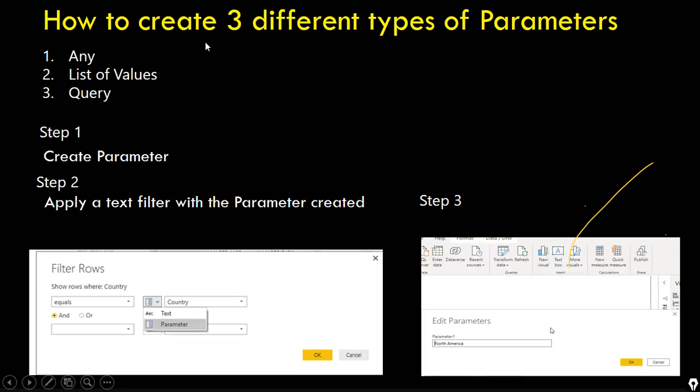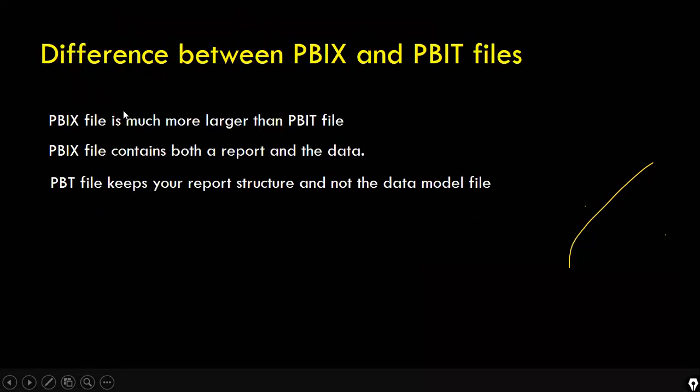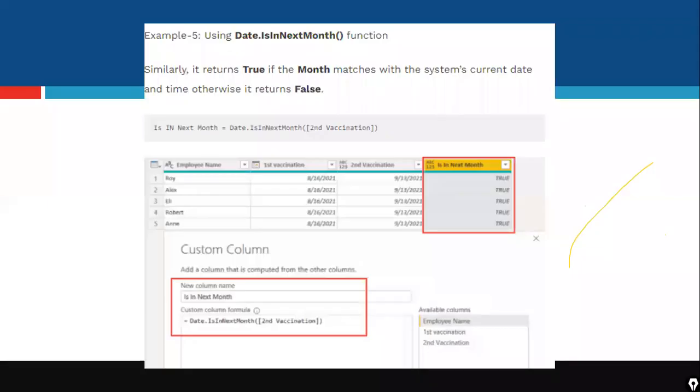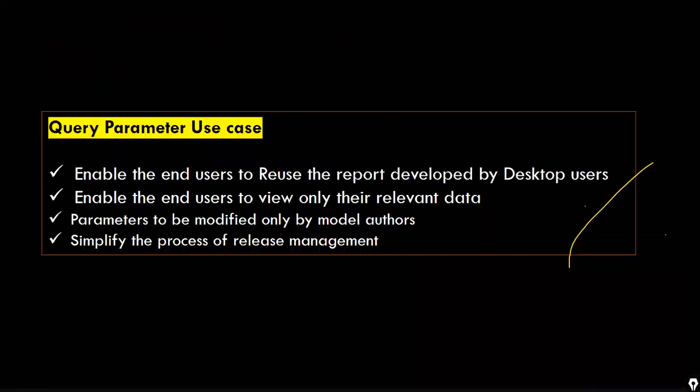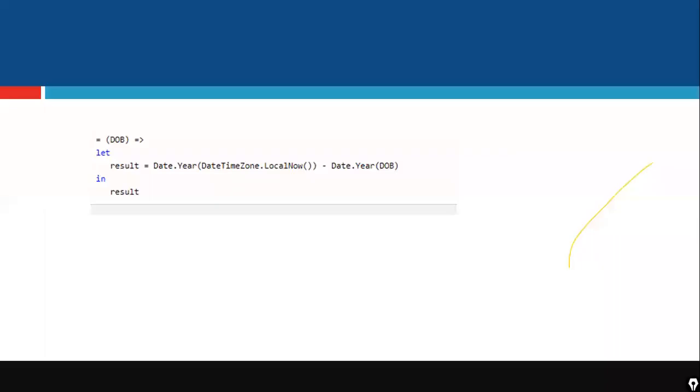There is no security here. So you give the business users the list of values option, and end users also you can probably give a list of values. Any is not preferred, and list of values and query are the ones widely used in real-time scenarios.